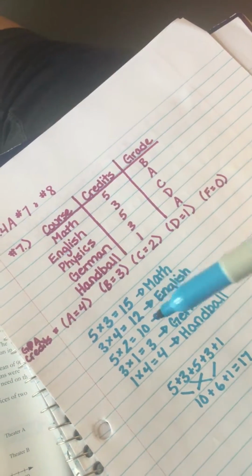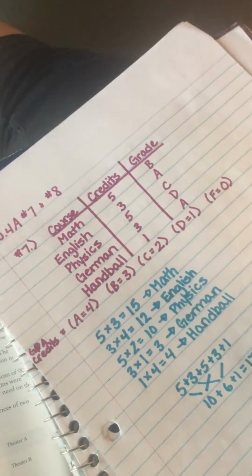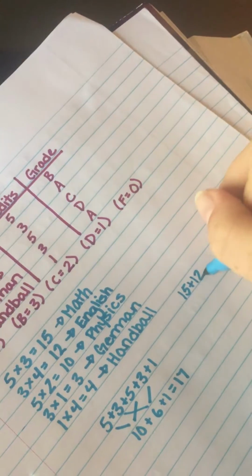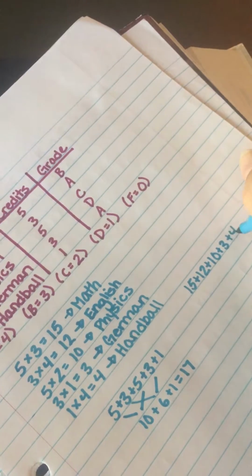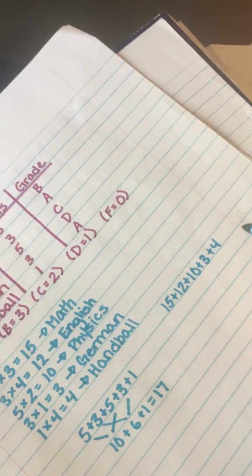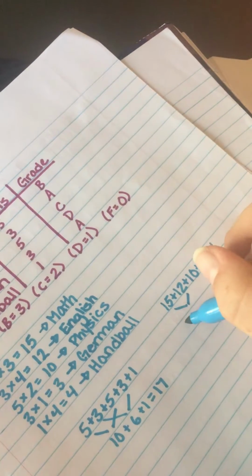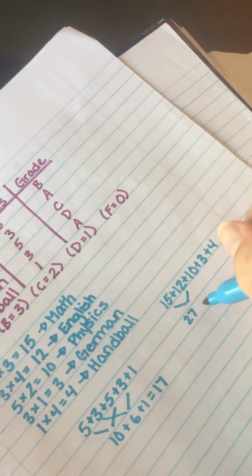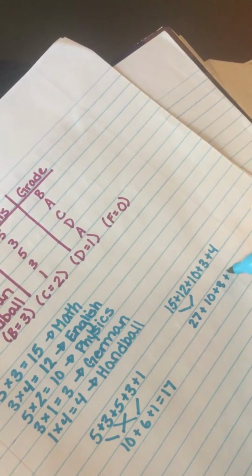Now we're going to add up his total GPA credits here. So we've got 15 plus 12 plus 10 plus 3 plus 4. Again, let's find an easy way to figure this out. Let's take 15 plus 12, that's going to give us 27, plus 10 plus 3 plus 4.